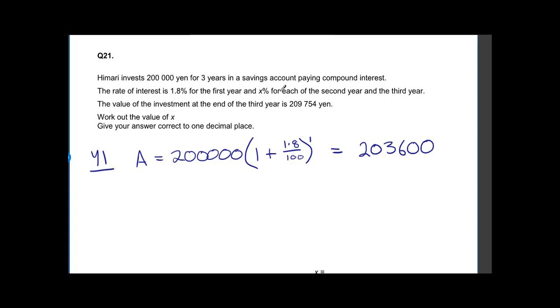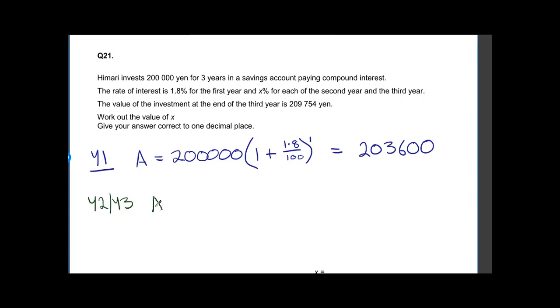Okay, so then after that, for the next 2 years, she has X percent. Alright. So we're told after the next 2 years, she has 209,754. What's the value of X? Okay. So we're told for year 2 and year 3, well, what did she start off with?